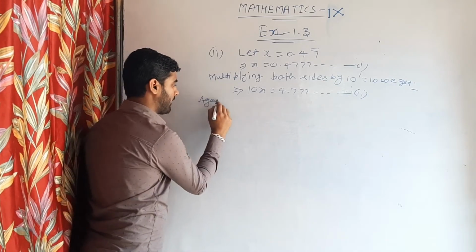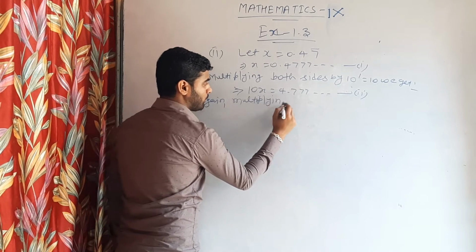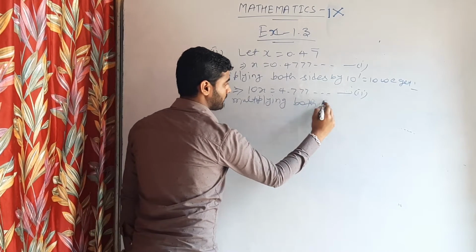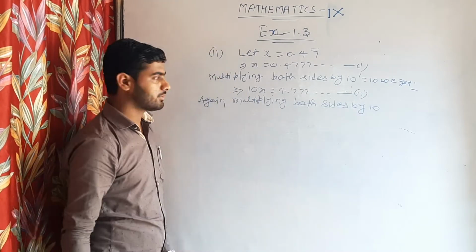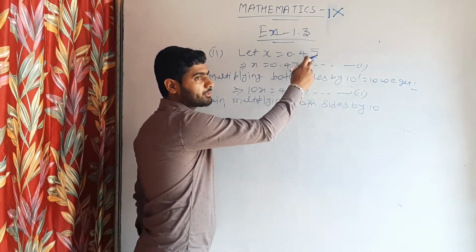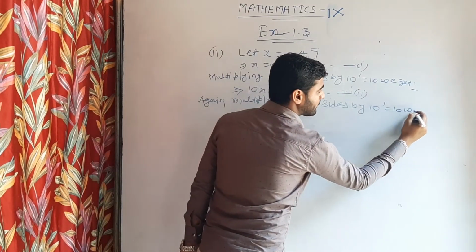Again multiplying both sides by 10 to the power of the number of digits on which recurring is placed. There is one digit, so again 10 to the power 1 equal to 10.